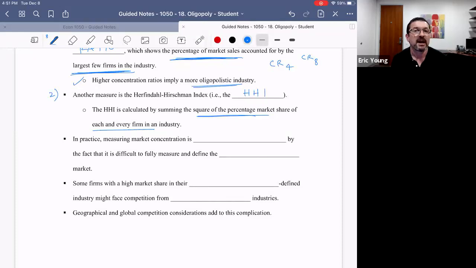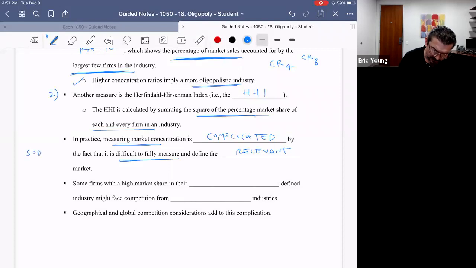Here's the big thing. Even though we talk about these metrics, the CR ratios and the HHI, in practice, actually measuring market concentration is extremely complicated. It's complicated for several reasons, one of which is that it's really difficult to fully measure and define the relevant market. Let's take the example of soda.